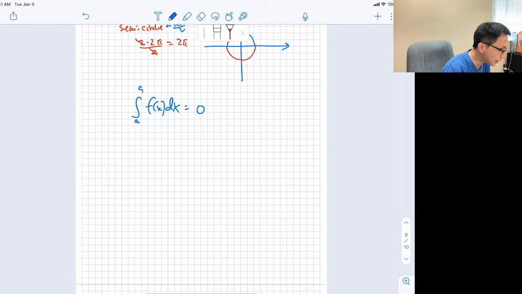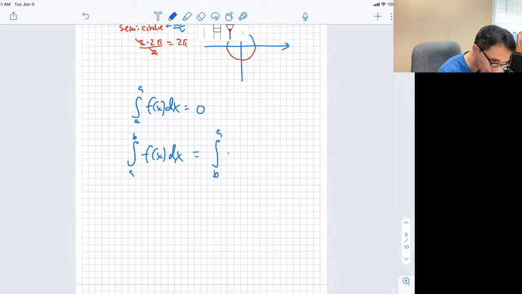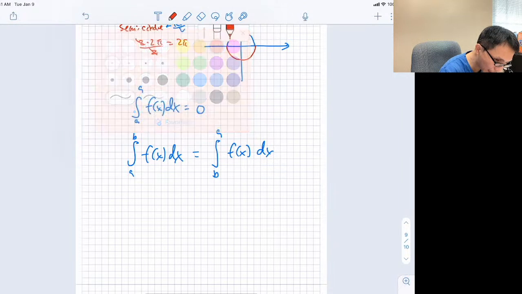Now, the next thing is, what if I have the area between a and b of f of x dx? Can I switch the boundaries? Can I switch between a and b? Yes, you can. If I switch that, remember, this is a switch. So b to a of f of x dx basically just means the negative of that.